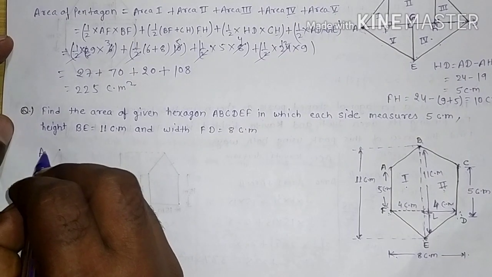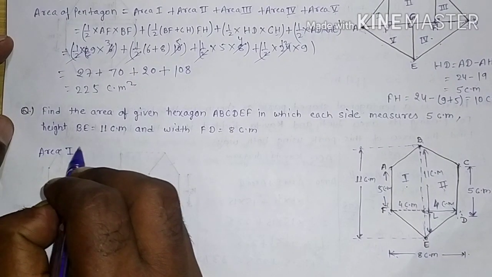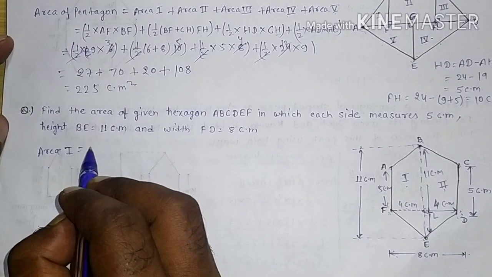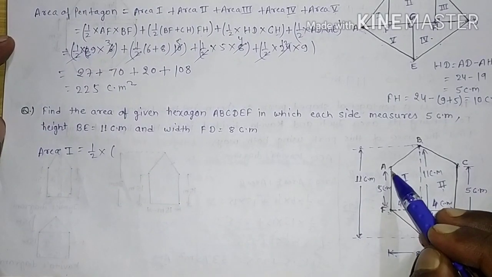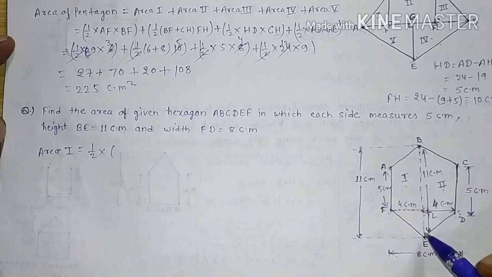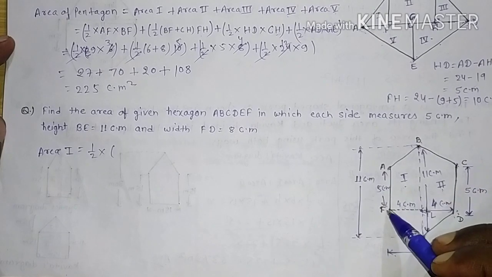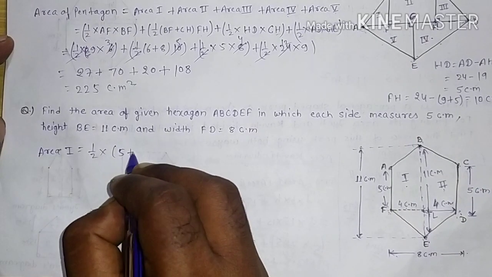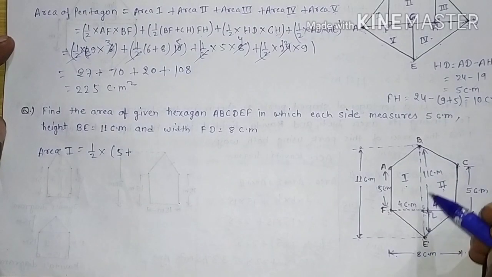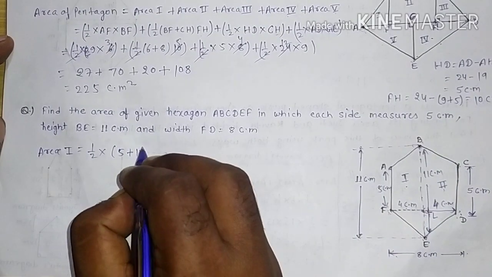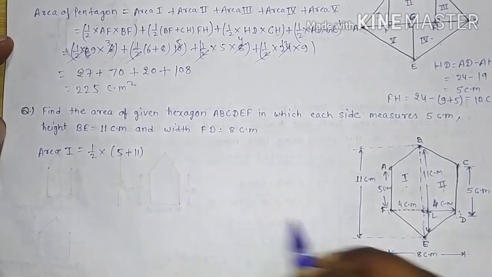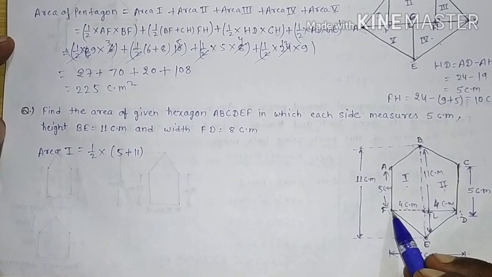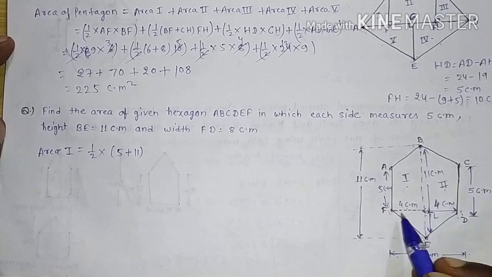Now for the area of the first section, the formula is half into the sum of parallel sides. The parallel sides are AF and BE, where AF is 5 centimeter plus BE is 11 centimeter, and the width will be 4 centimeter, the length between the parallel sides, that is FL.